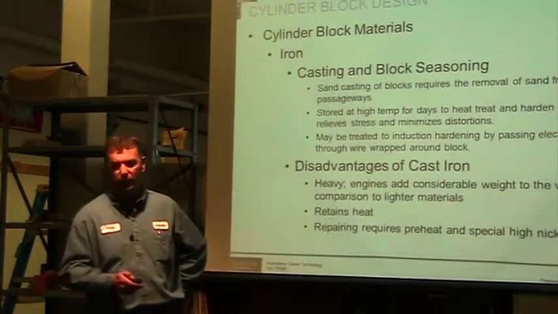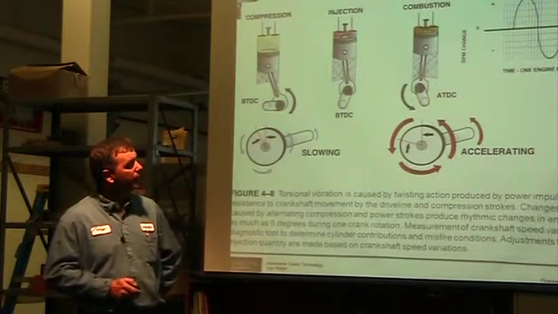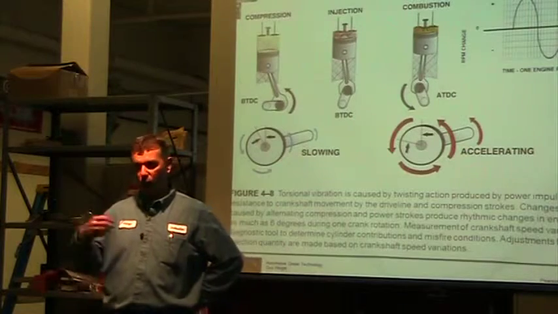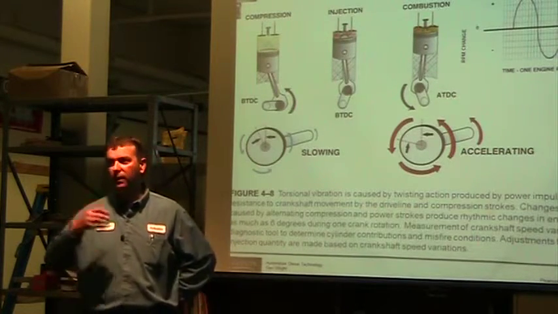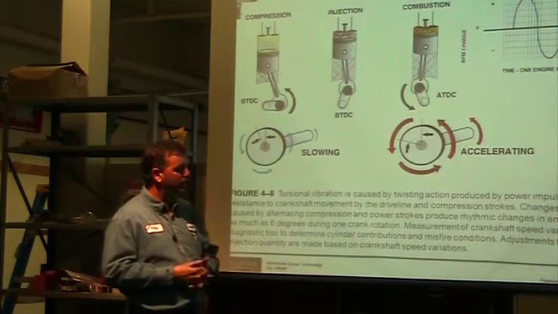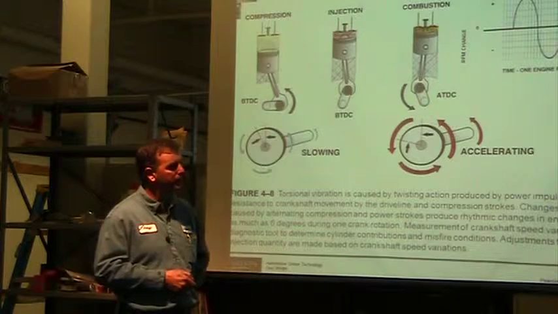It's a tricky experience. So torsional vibration: anytime you have an event that takes place once and then has to circle twice before it does it again, you're going to have torsional vibration. That's caused by the twisting action produced by the power impulse of the engine.